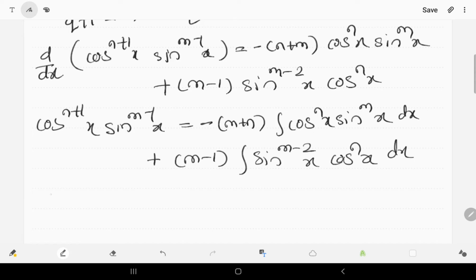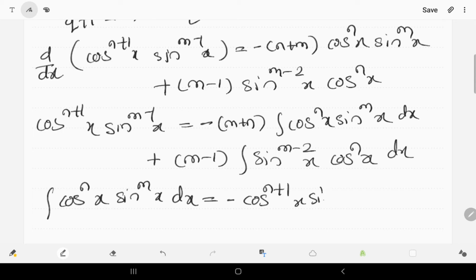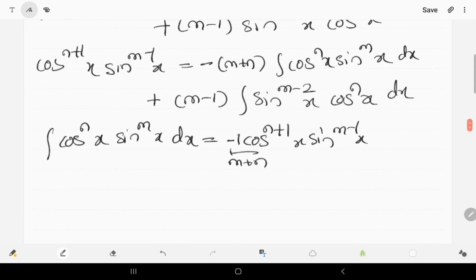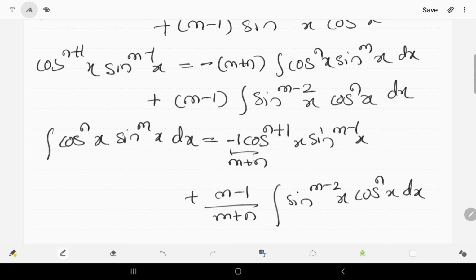Therefore, taking it to this side, the integration of cos raised to nx sin raised to mx dx is equal to, bringing this to the right side, minus cos raised to n plus 1x sin raised to m minus 1x, divided by m plus n, that is 1 divided by m plus n, and the second term becomes m minus 1 divided by m plus n, integration of sin raised to m minus 2x cos raised to nx dx.